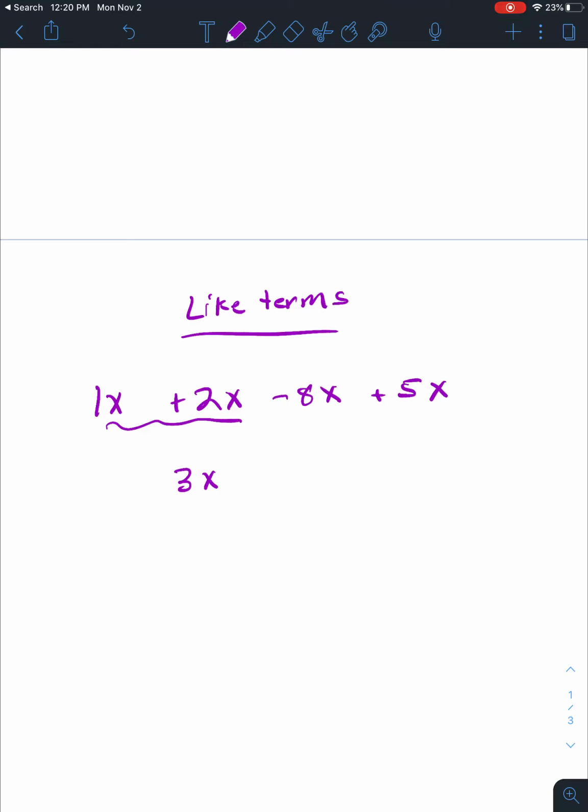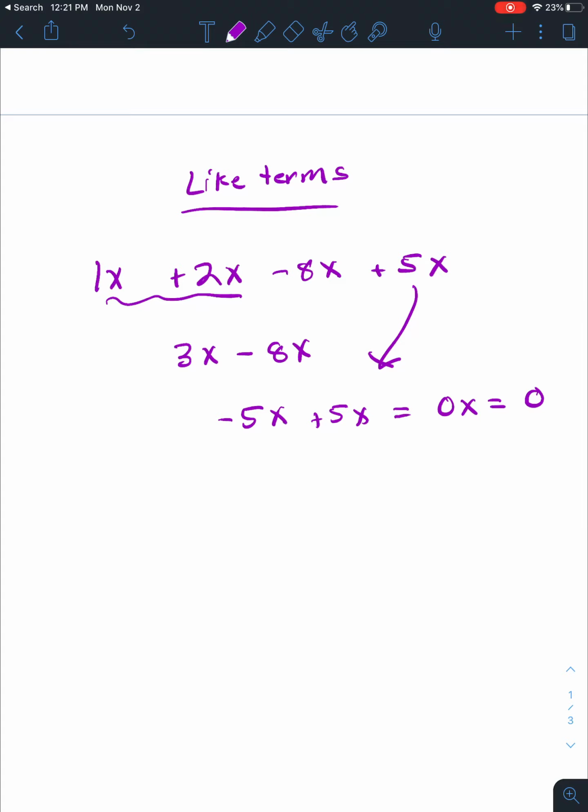And then if I have 3x and I subtract 8x, then I have negative 5x. Then I take this and I add 5x, and now I have 0x, which is just 0. So this is an example. You have x's, and you're just adding and subtracting them, and in this example, we ended up with 0 because all the x's cross each other out.